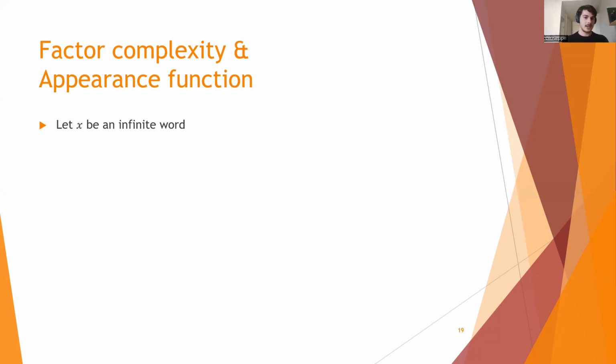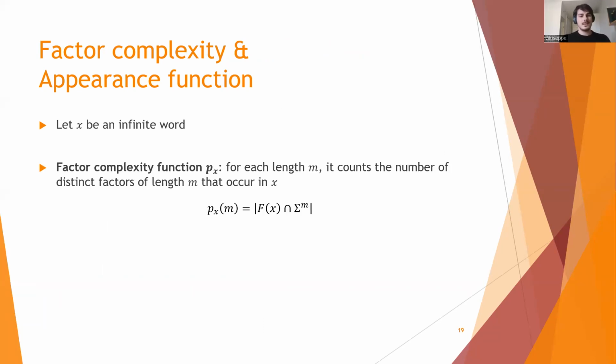In the next two slides, I will present briefly some of the notions that we need and the notation that we used. So let X be an infinite word. The factor complexity function P of X denotes, for each m, the number of distinct factors of length m that occur in the word.